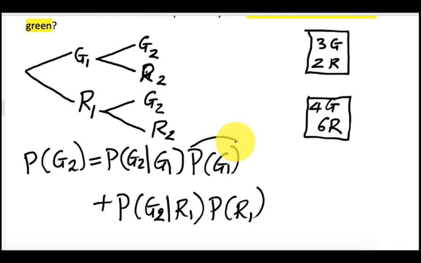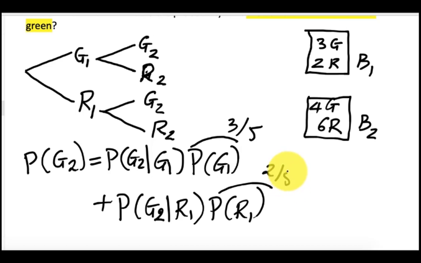The probability of G1 is the probability that you get a green ball from box 1 at the first time, and it should be 3 over 5 because there are 5 balls in box 1 and 3 of them are green. So it is 3 over 5. The probability of R1 is 2 over 5.